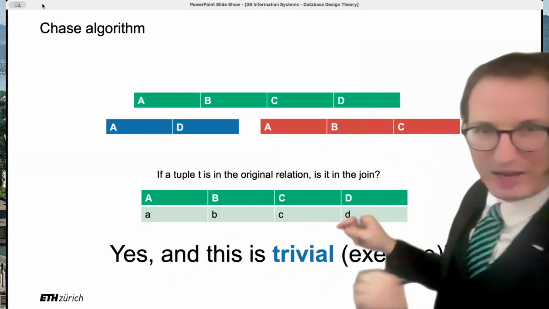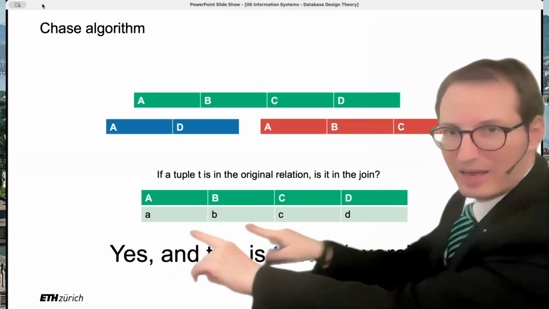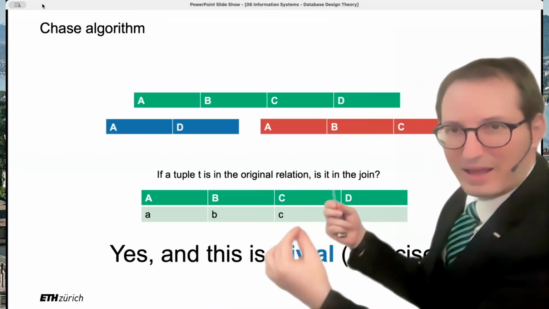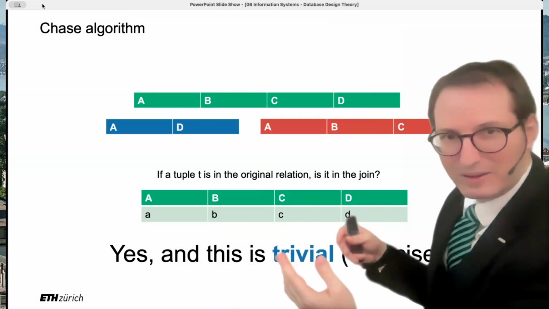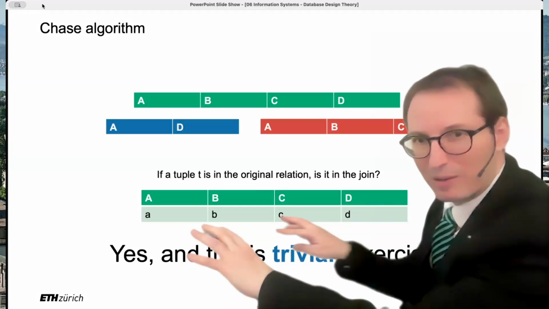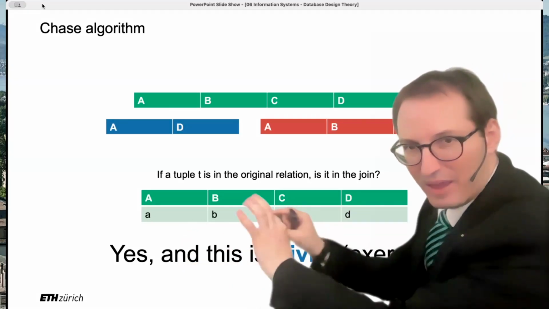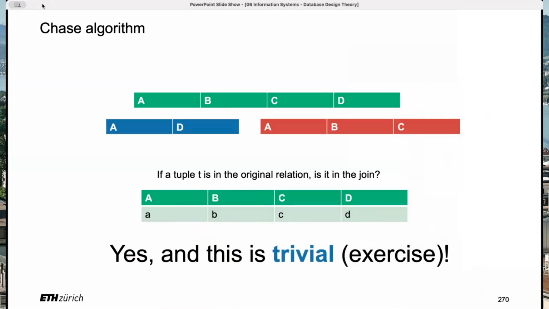The projection on the right will be ABC. And then when you join them back, AD will match with ABC, and that gives you back that tuple also in the join, right? So if you take any tuple in the original table, it has to be in the join as well.